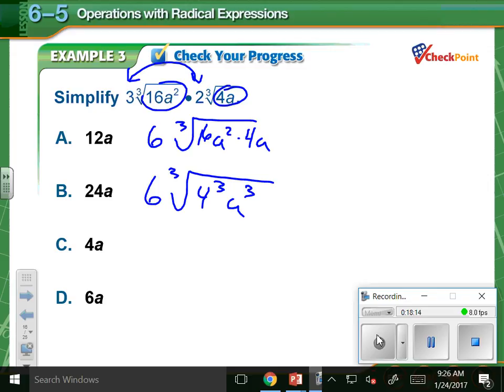And I saw, and sometimes you see it, sometimes you don't, that it's a cube root, so I need cube stuff, and so I left it as 4 cubed. That helps me go into the next step, which is just going to be 6 times, those cancel, those cancel. 24a.